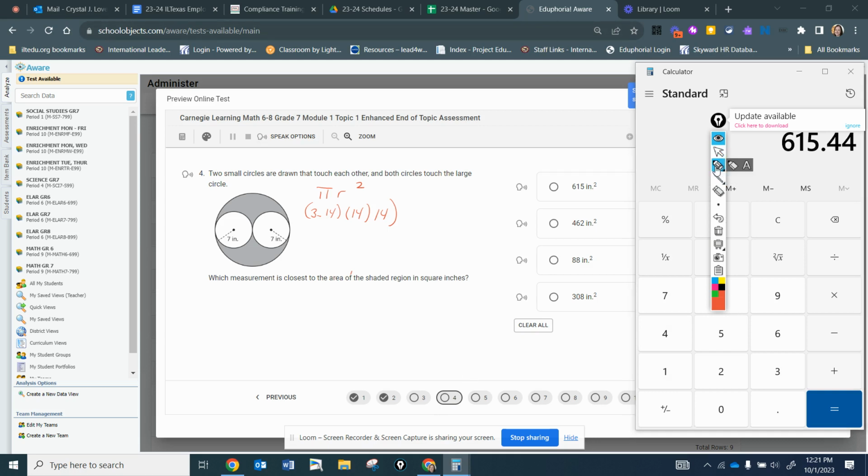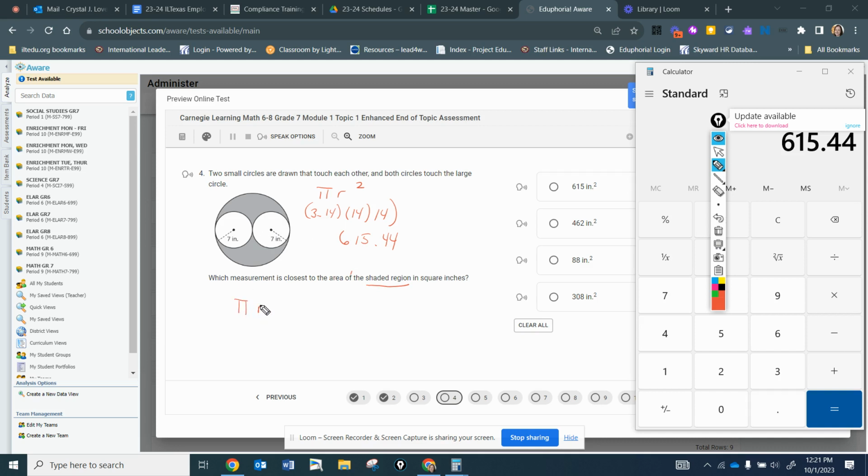I'm going to write that whole number down. 615.44. That's for my big circle. But of course, that's not the answer because I have to subtract the little circles because it wants the shaded region only. So now I've got to figure out the area of the little circles.